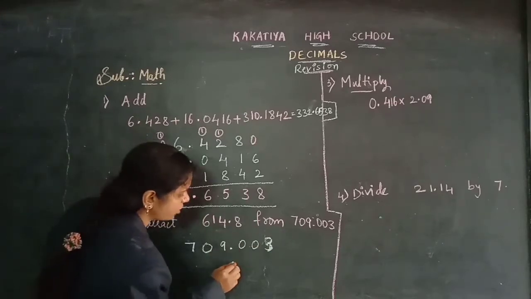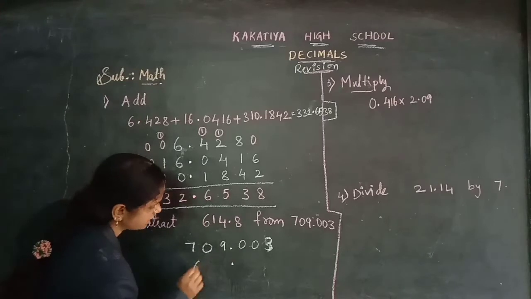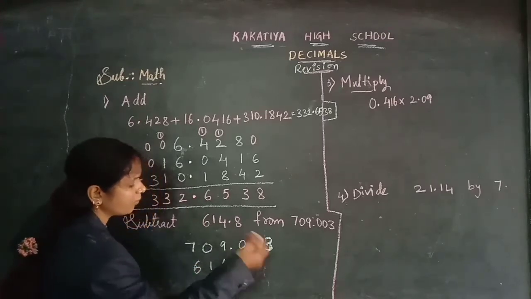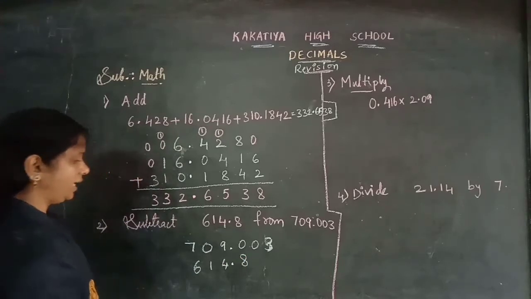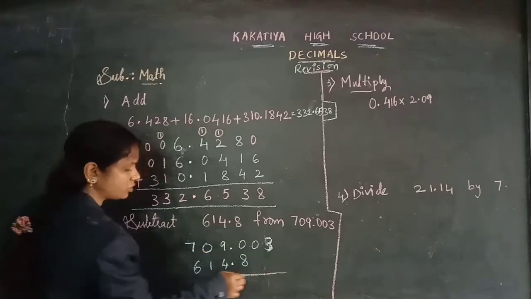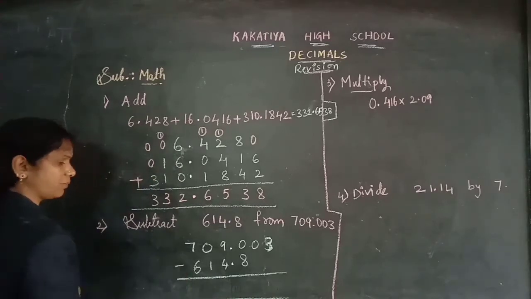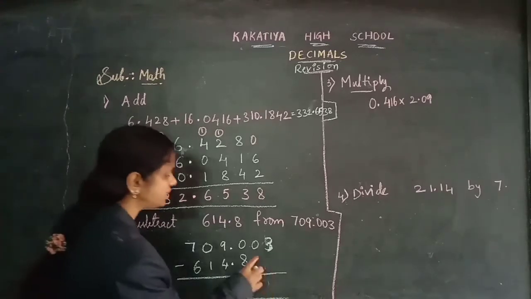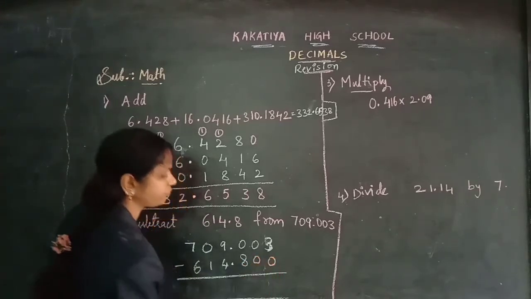So the point should be in order, I told you here. Point left side integral part is 614, children. Point after, nothing but the decimal part, 0.8. The decimal point should be in order while you are arranging in columns, in addition or in subtraction also. Now here we don't have digits, children. We don't have the digits, so we can take the zeros here.